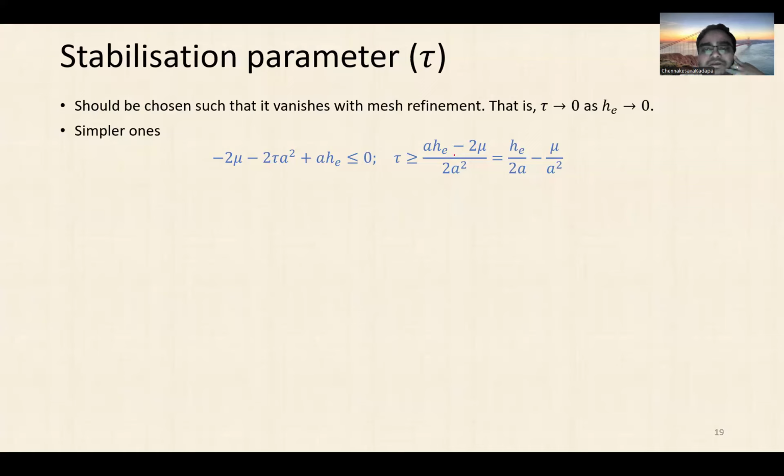Okay, now we separate the terms. We cancel one a, so h_e by 2a minus mu by a square.